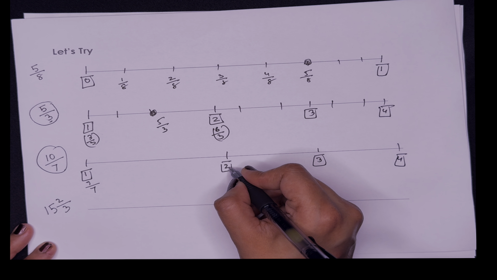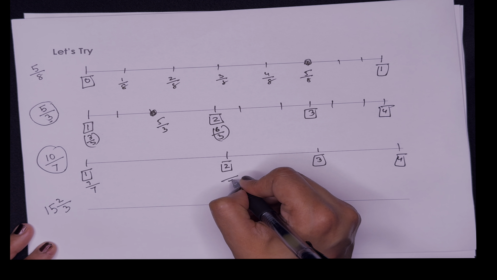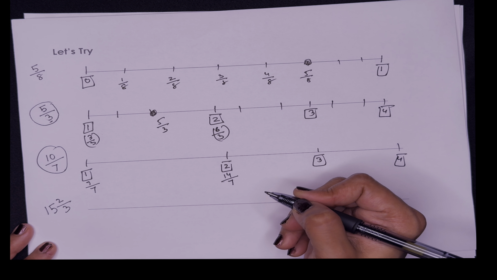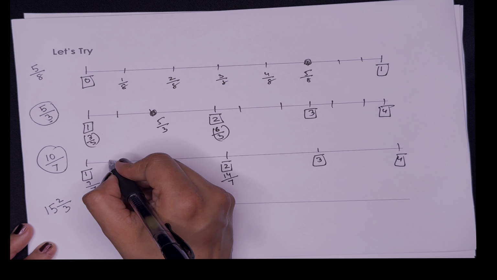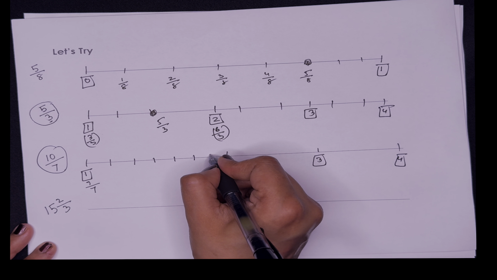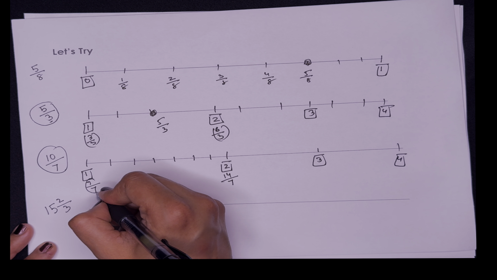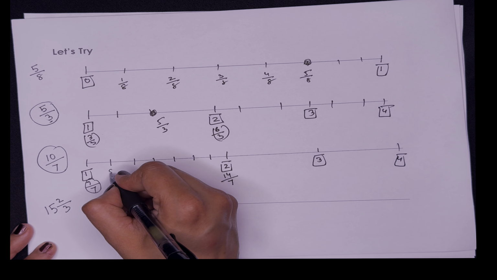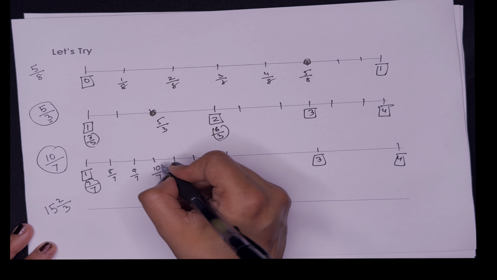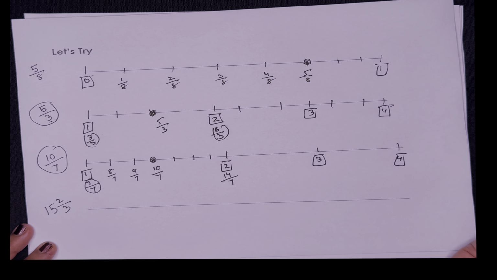If the whole number is 2 and the partitions are sevenths, the numerator will be 14 by 7. I'm making 6 lines that will give us 7 equal parts. This is 7 by 7, 8 by 7, 9 by 7, and this one is 10 by 7. We're looking for this point.